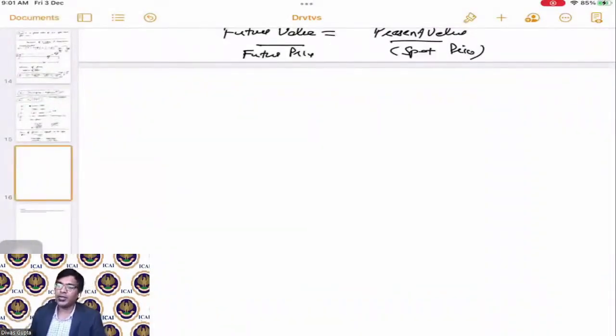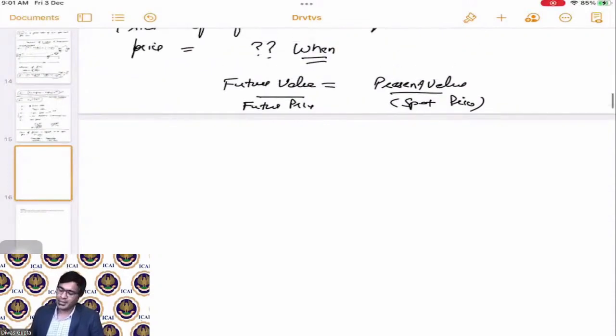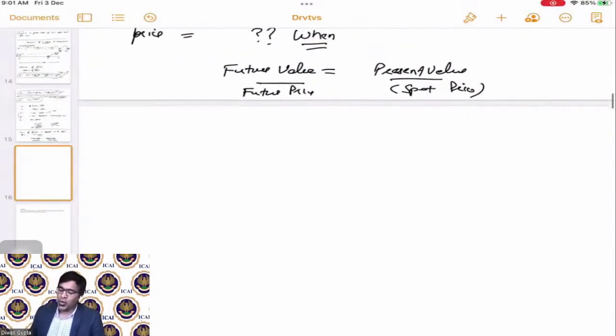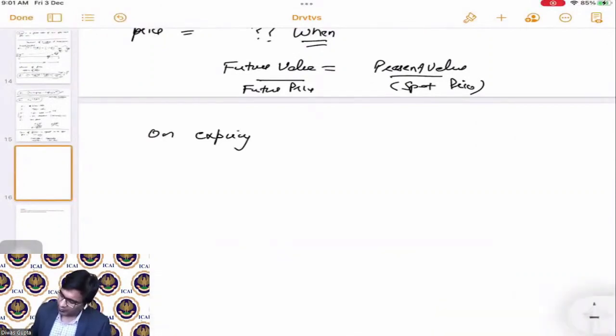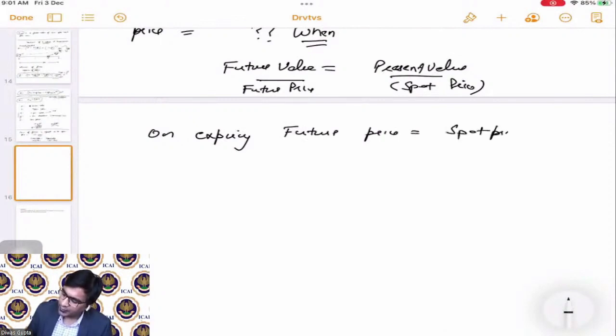Yes, very good. Jitendra is saying at expiry. Naveen Prakash is also saying on expiry. Very good. So on expiry, future price will be equal to the spot price.